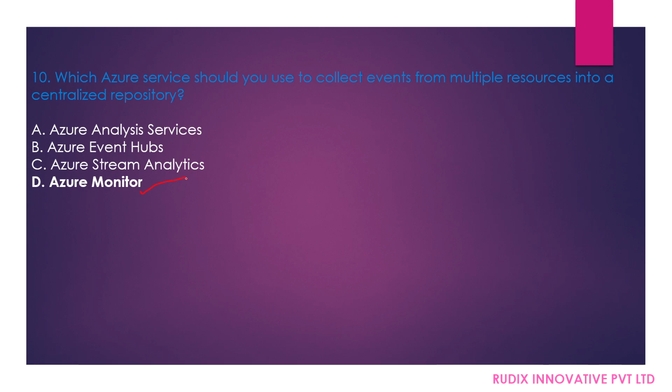It is a centralized repository which can ingest data from various resources, including applications, devices, and services. Azure Stream Analytics is a real-time analytics service to process and analyze streaming data from various sources.